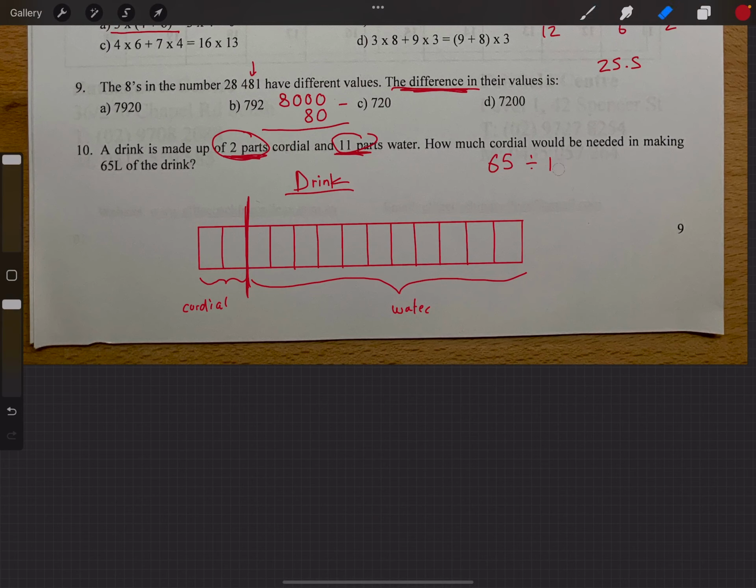There's 13 parts. So 65 divided by 13 will give me 5 liters. Remember, this is 65 liters. So let me just rewrite that. 65 liters divided by 13 parts will give me 5 liters. So that means each part must be 5 liters.